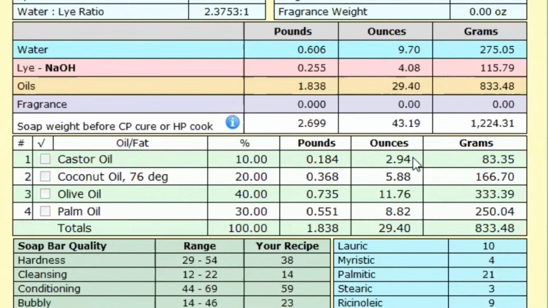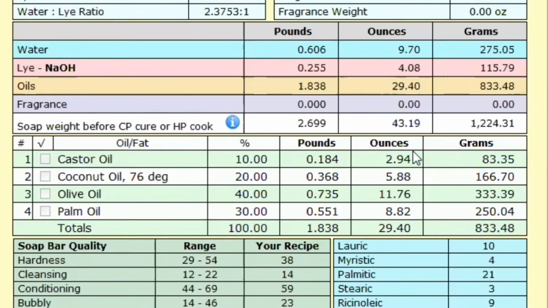I cannot stress this enough because sodium hydroxide is based on the sap value of your oils. So you cannot just swap one oil for the other and not run it through a soap calculator. You need to do this. I cannot stress it enough again. Please make sure you run it through a soap calculator again and again.